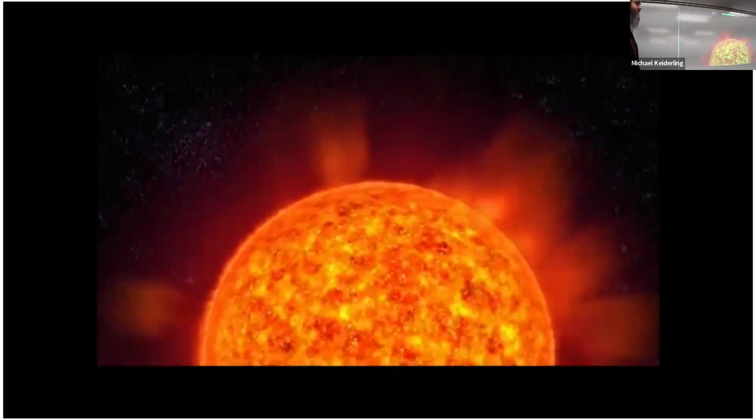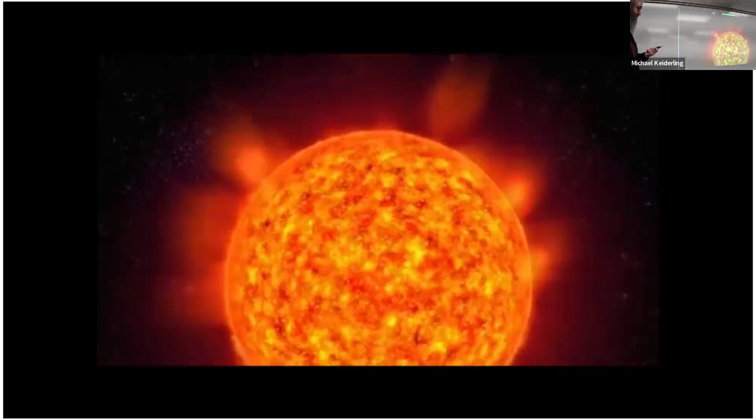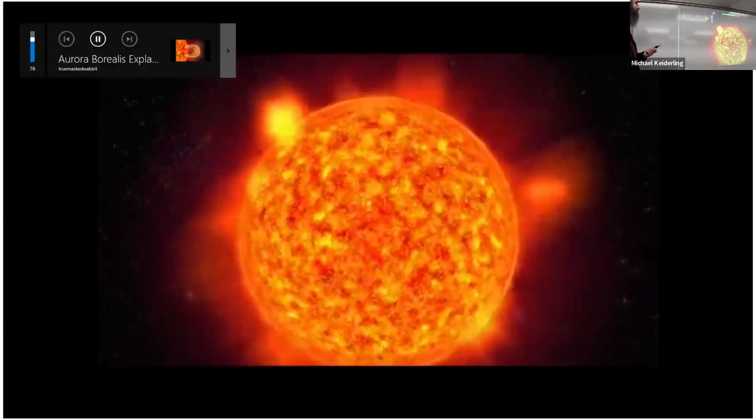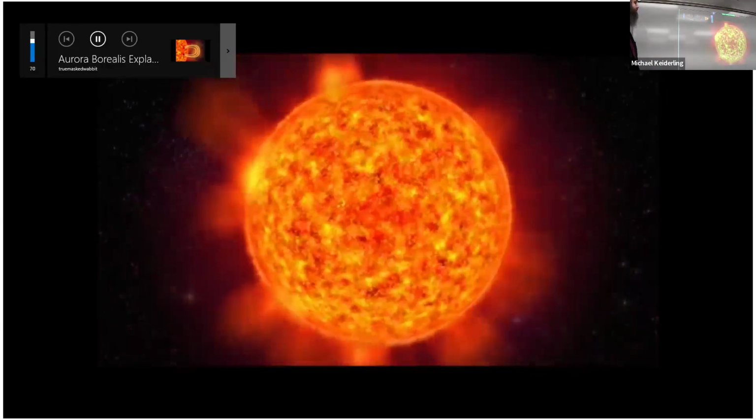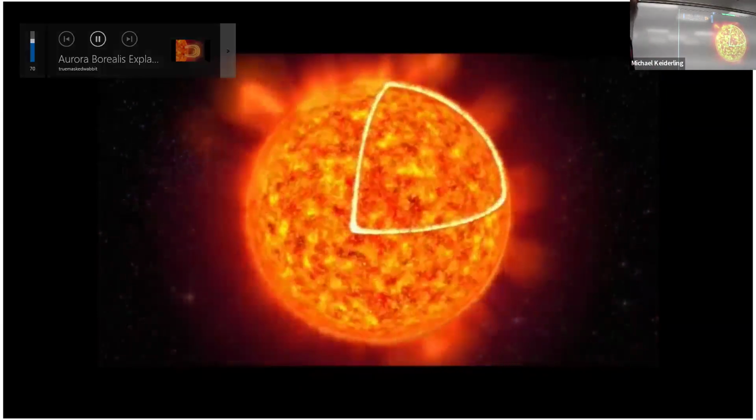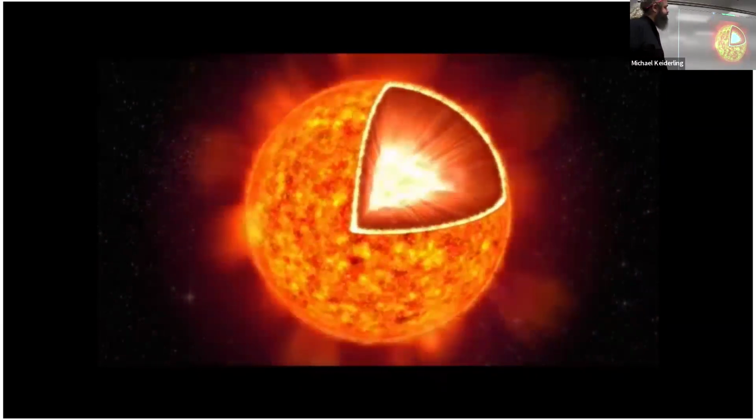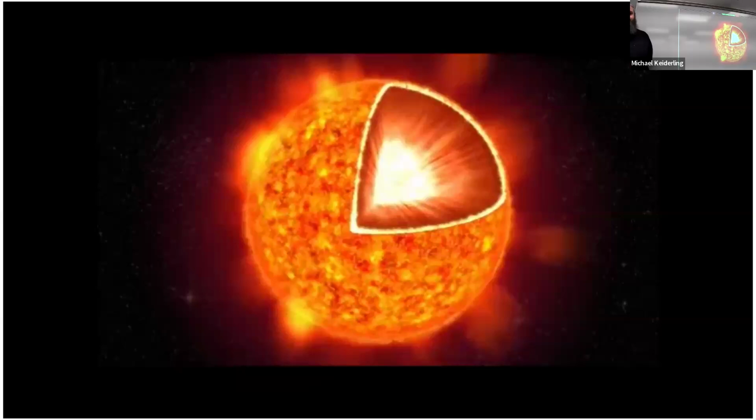This is where the tale of the aurora starts. On the sun, a star of average size among billions of other stars in our Milky Way. The sun acts as an enormous power plant. The energy is created deep inside the core of the sun. Here the temperature is over 14 million degrees, and the pressure so enormous that hydrogen atoms are squeezed together into another element, helium. This nuclear reaction releases energy.